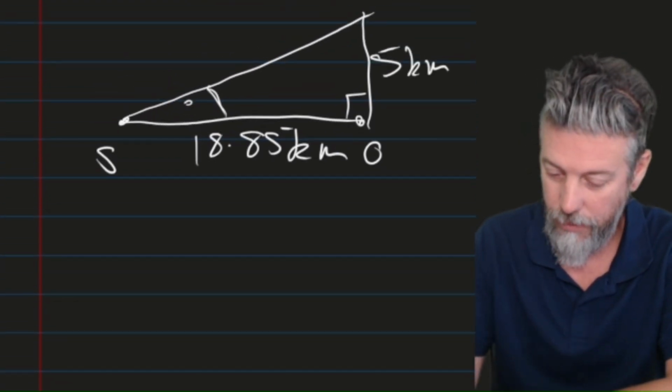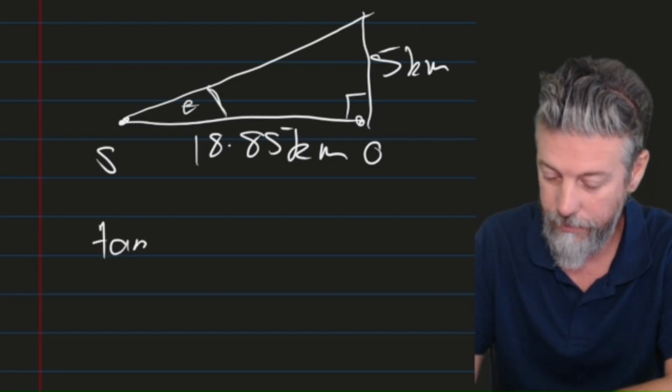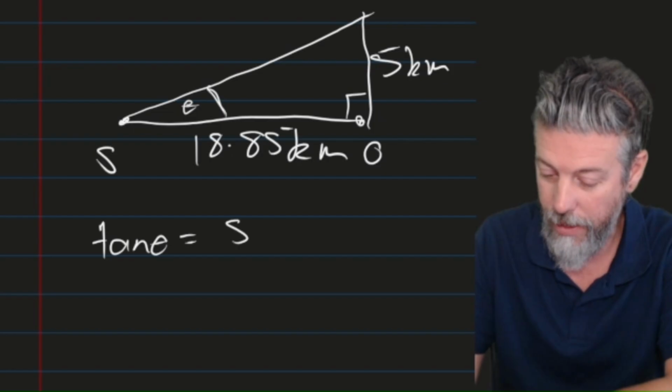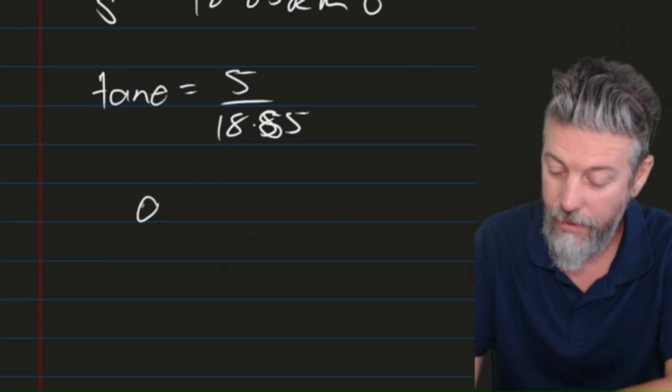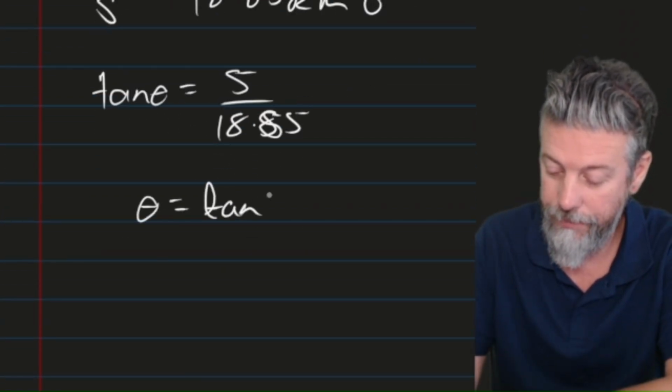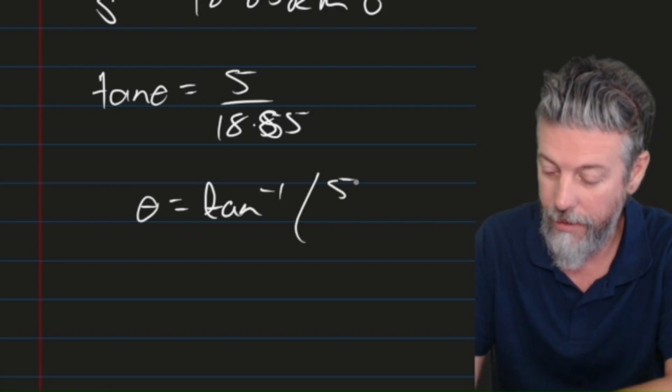So let's call this angle theta. So tan theta equals 5 over 18.85. So theta equals inverse tan of 5 over 18.85.